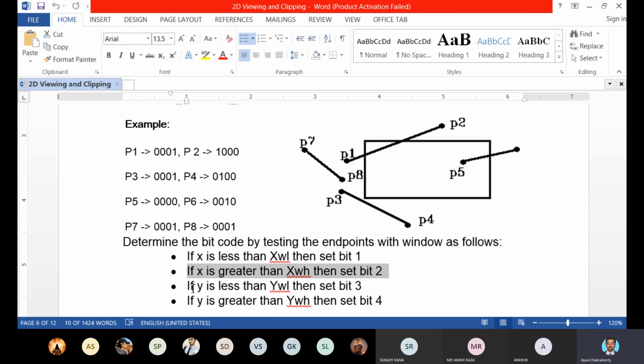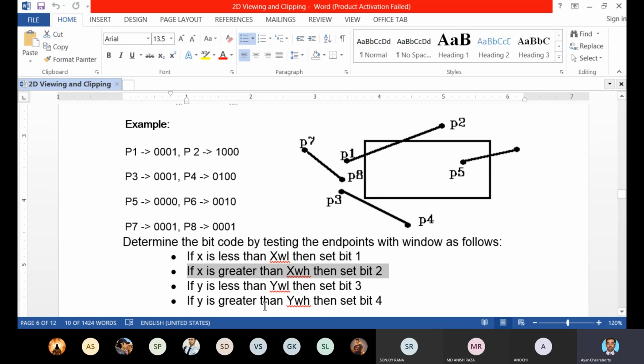Y is less than YWL means that the point is below the origin, so the third bit will be set as 1. And Y greater than YWH means that the point is above the window, so the fourth bit will be 1.